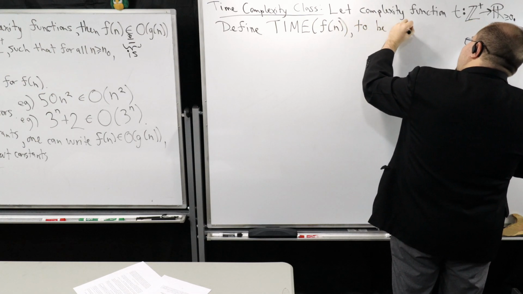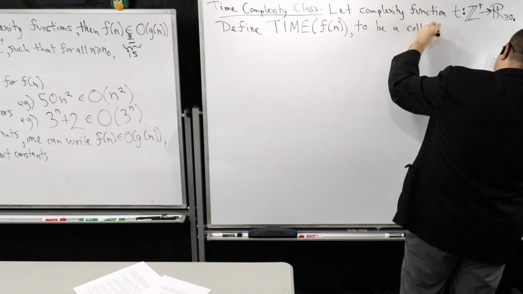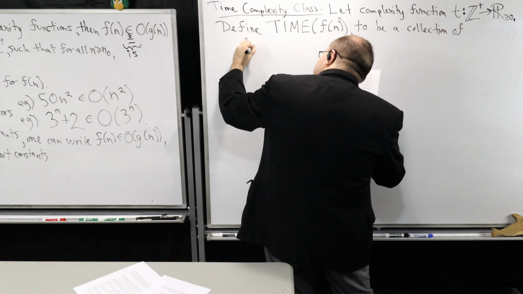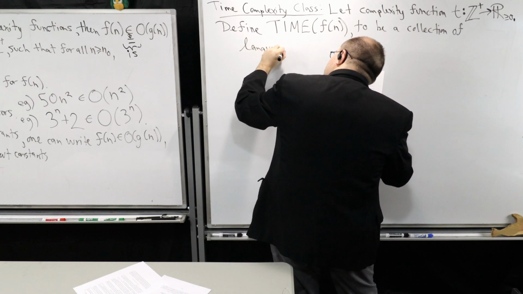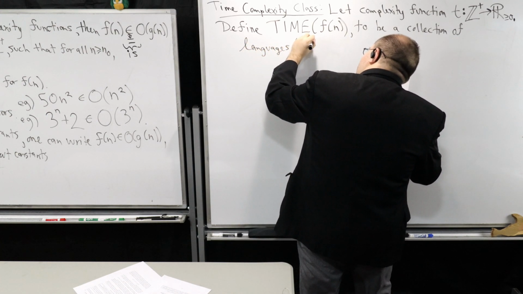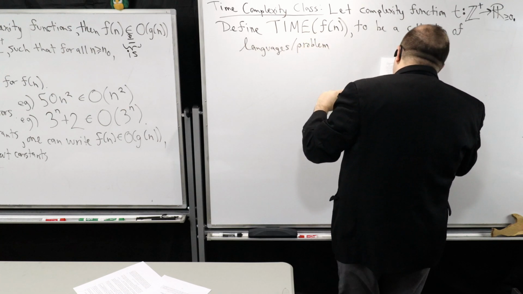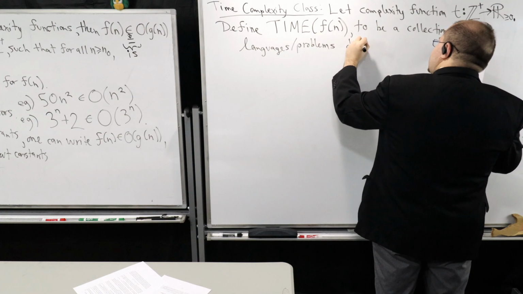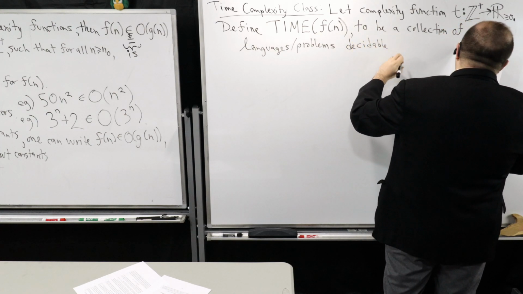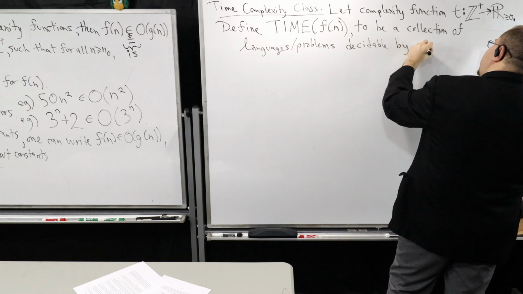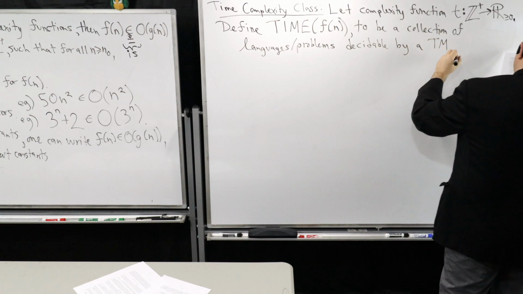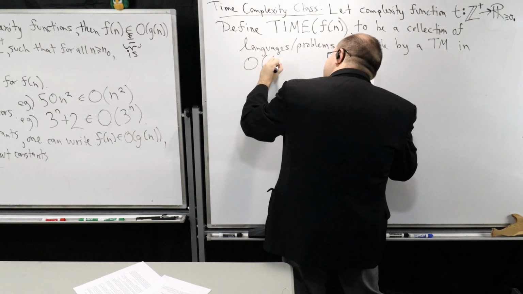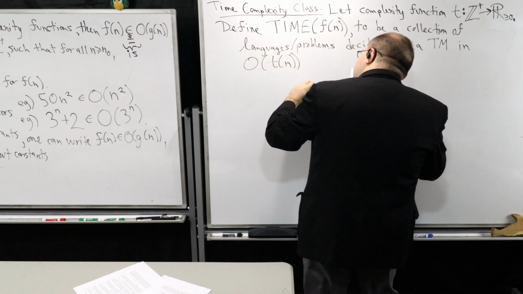to be a collection of languages or problems, depending on which context you'd like to talk about, the languages decidable by a Turing machine in big O of t time.